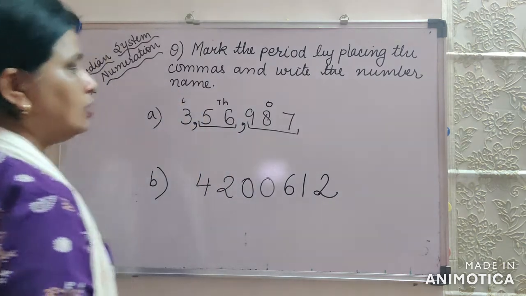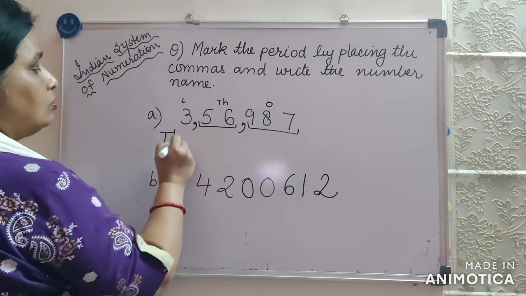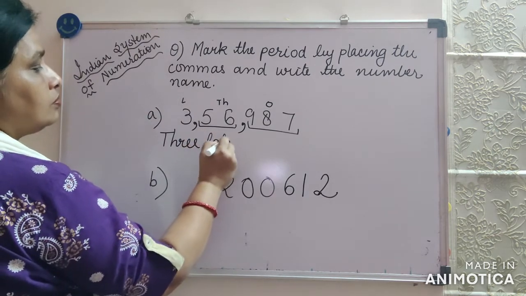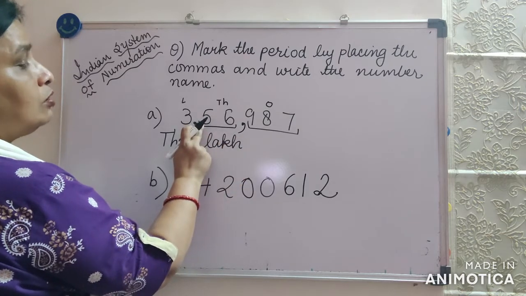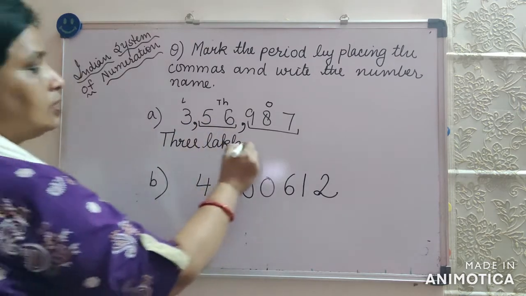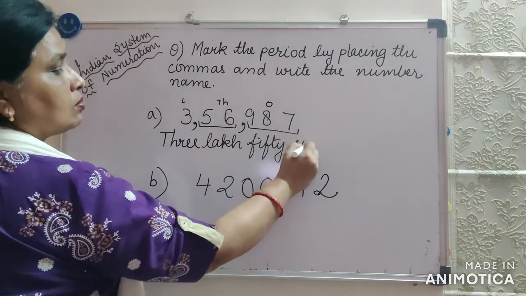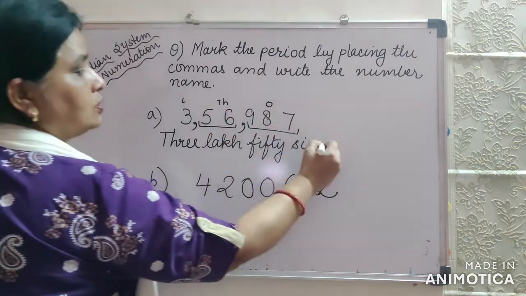And when you write down the number name, you will write down 3, then write down the period, lakh. Then just read out the numbers of the same period together. 56, what is the period? Thousand.